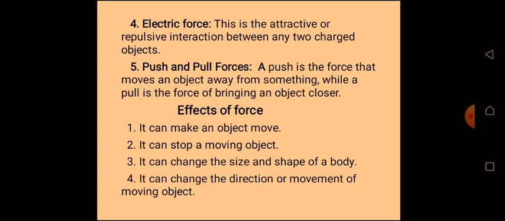We also looked at the effects of a force, which include it can make an object to move, can also stop a moving object, it changes the size and shape of the body, it changes the direction or movement of a moving object.